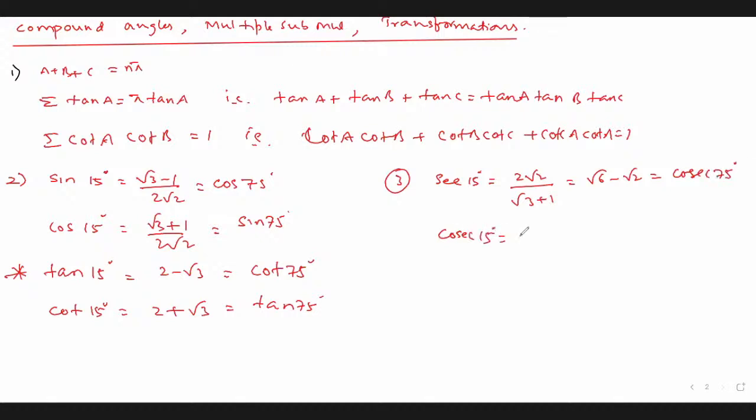Cosecant 15 degrees is equals to 2 root 2 by root 3 minus 1. Why? Because it is a reciprocal, that means root 6 plus root 2, which is nothing but secant 75 degrees. Copy these four, this matrix.